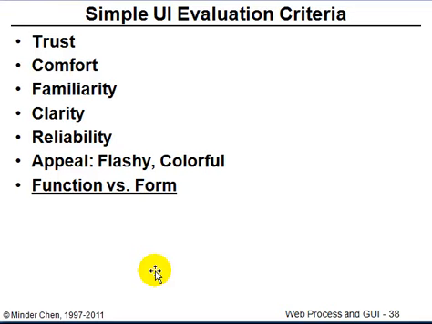If necessary, make it more colorful, more flashy, so it's more appealing, but don't overdo it. It's really a balance between function and form. You do want to offer a lot of functionality, but you also want to make sure you provide appropriate form, to make it easy for people to get access to the different functions that you're offering.